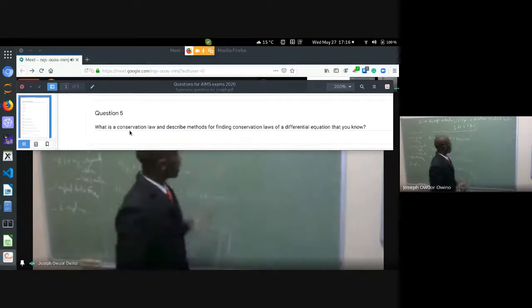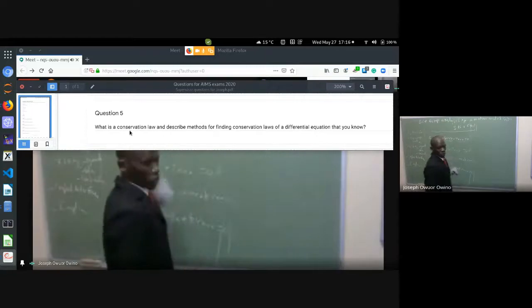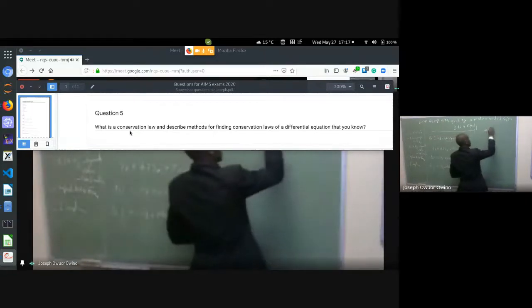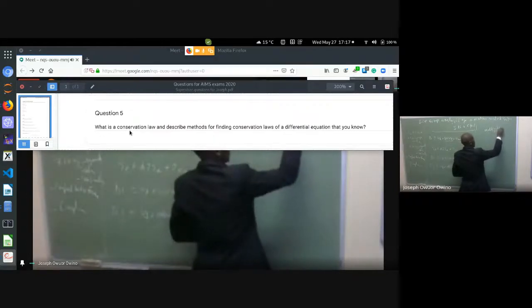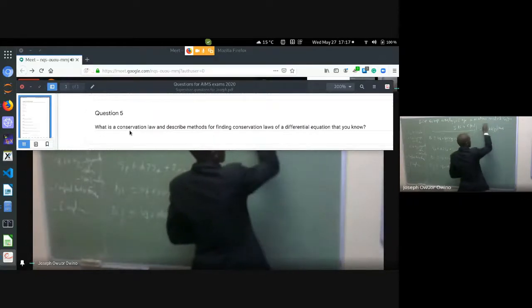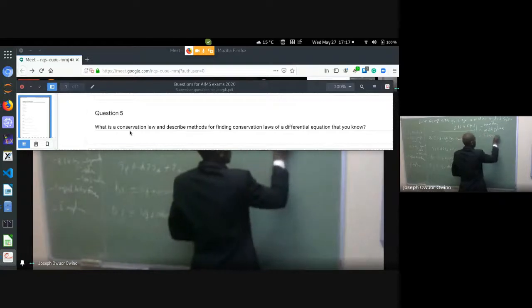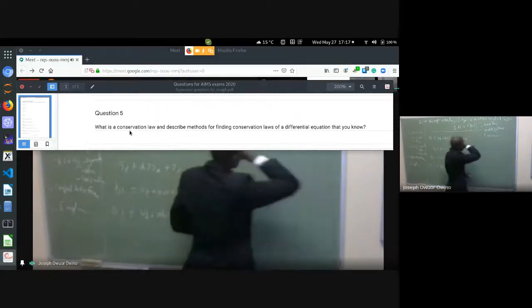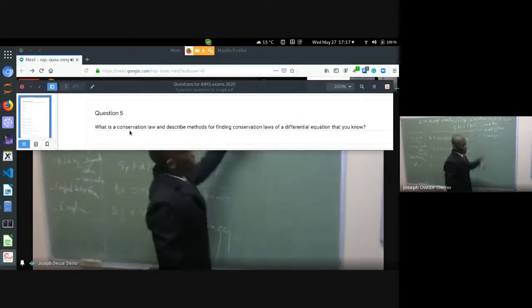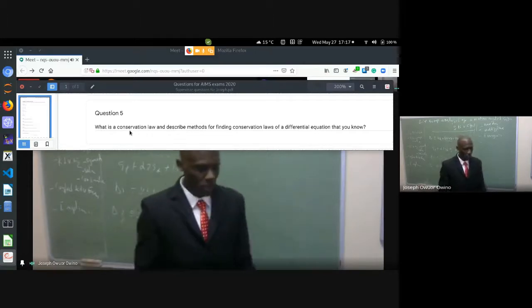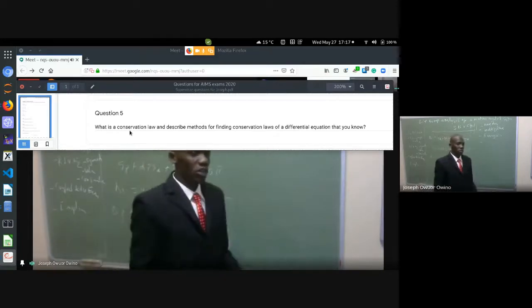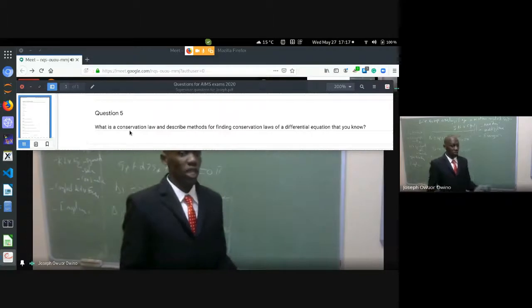So for any differential equation, I've used two methods in this work. The first is the method of multipliers. I should start with Noether's theorem. Noether's theorem. So Noether was the first to find a connection between symmetries and conservation laws.